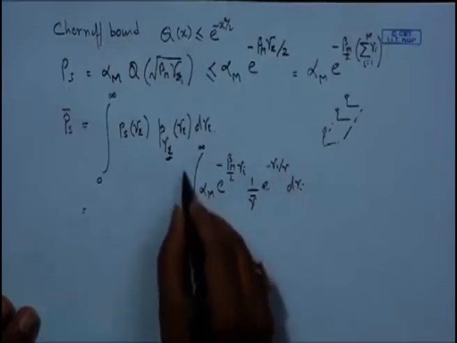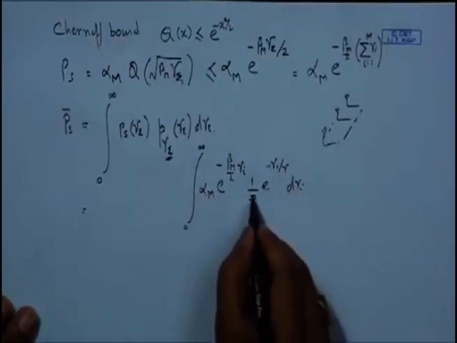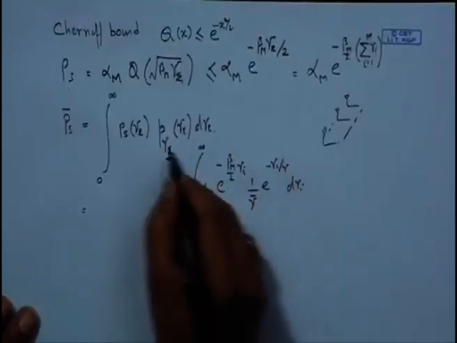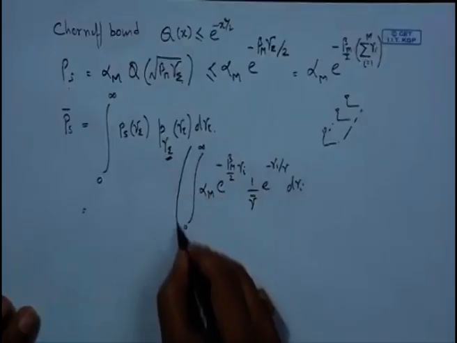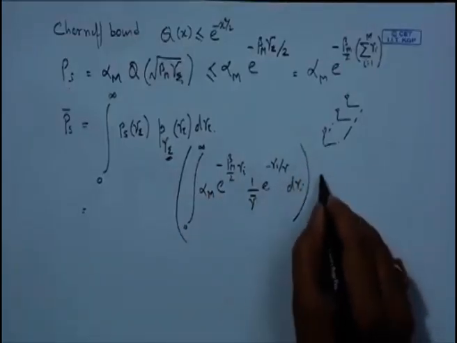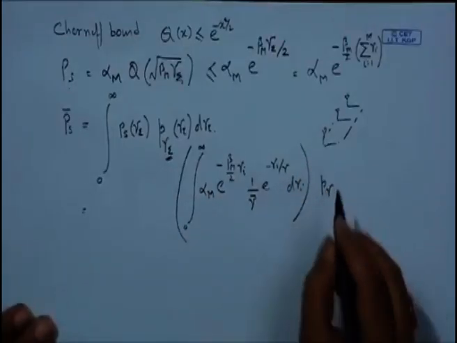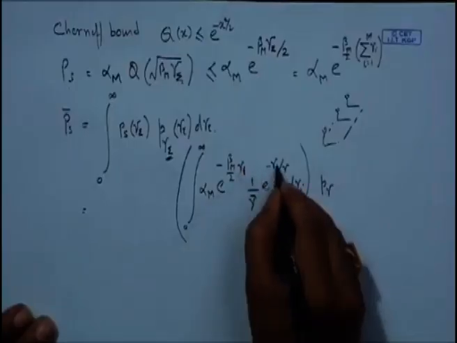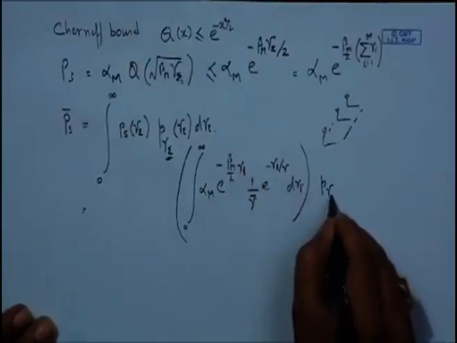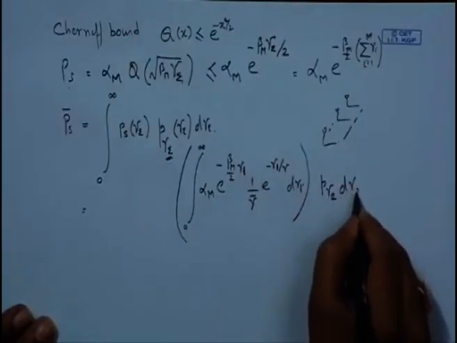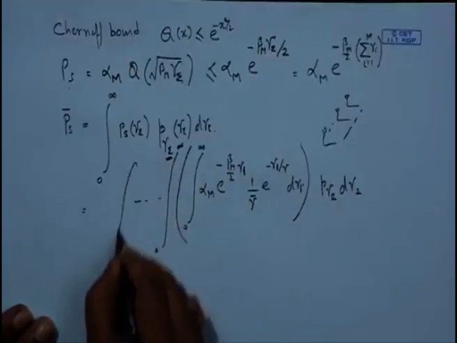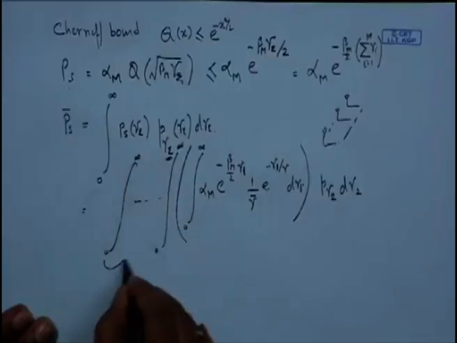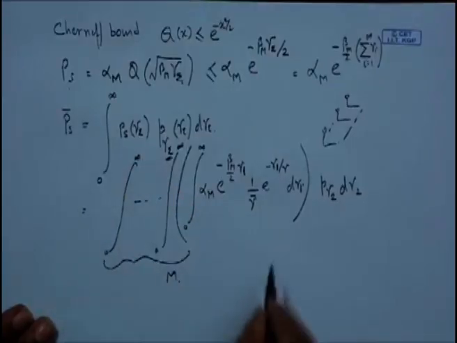This is for one of them, and since P of gamma sigma is the product of all the gammas, we will have again P of gamma 2, d gamma 2, integrate 0 to infinity, and so on, and these will be m in number.